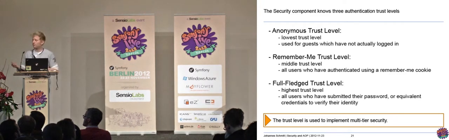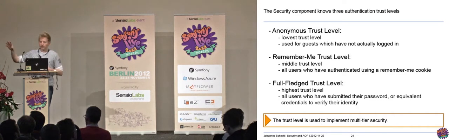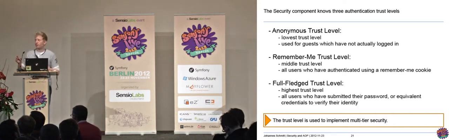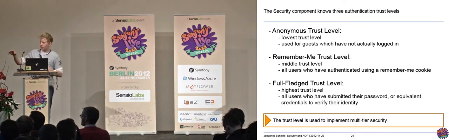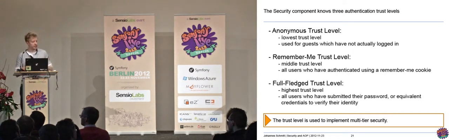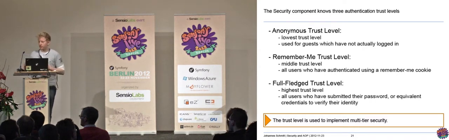If he returns with a cookie, then we would put him into the remember me trust level, which basically is sufficient for most purposes on your website. And then we also have the full-fledged trust level, where we basically know that the user has provided his username and his password during the current session.